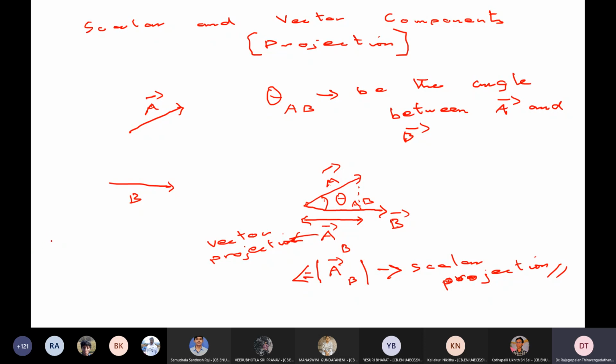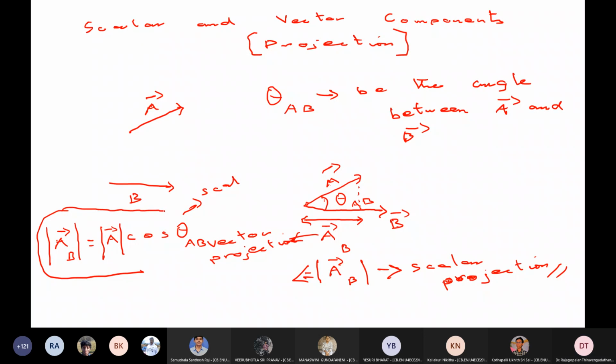If I want to find only the scalar projection of A on B, all I need to do is take mod A, the magnitude of that vector, and multiply by the cosine of the angle theta AB. This formula is my scalar projection.